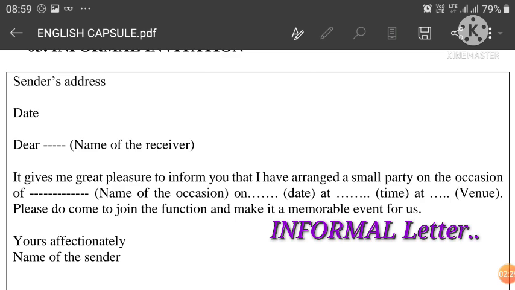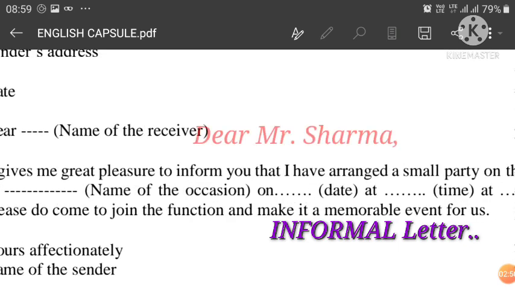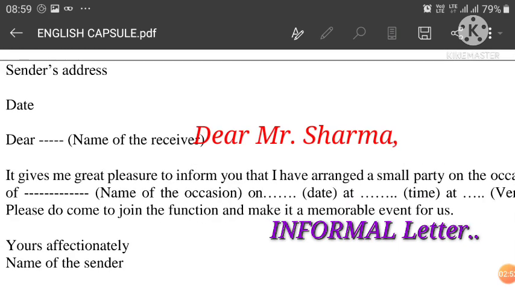Again leave a line. Write dear and the name of the person whom you are inviting. That means you can directly write dear Avinash, and let's say you are Avinash Gupta, then you are inviting a friend. You could write dear Mr. Talesra, dear Mr. Gupta, dear Mr. Sharma, dear Mr. Raghavendra Yadav.